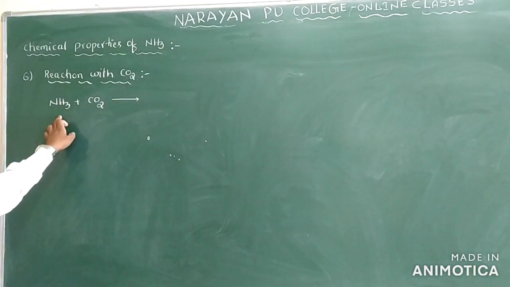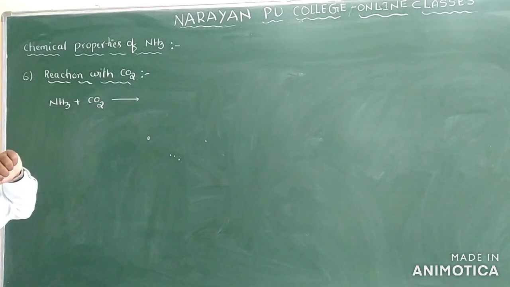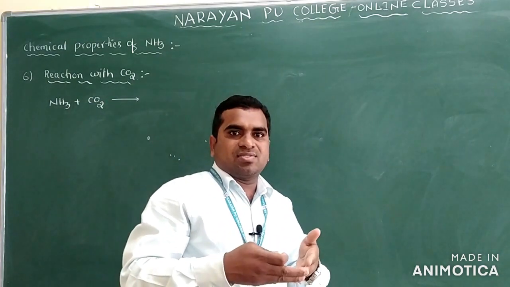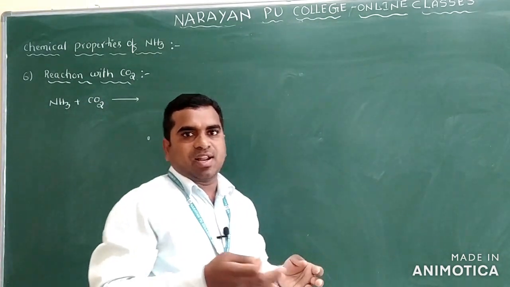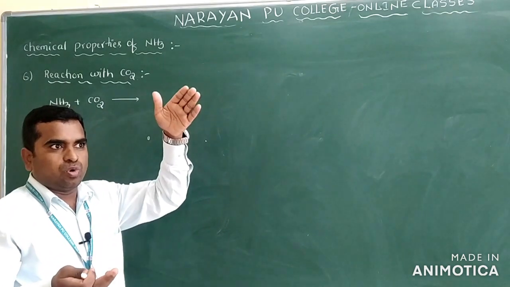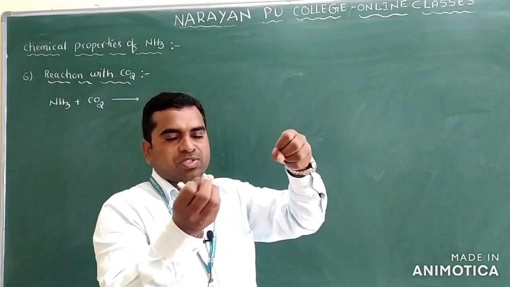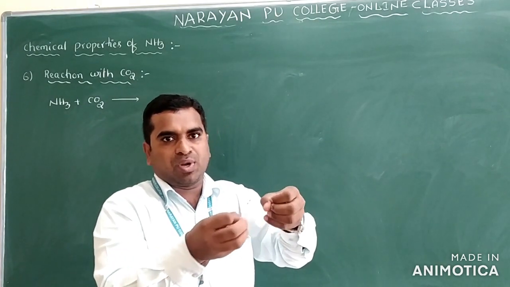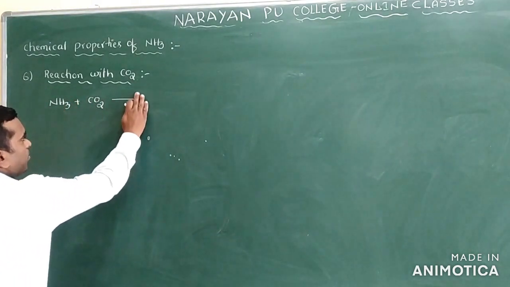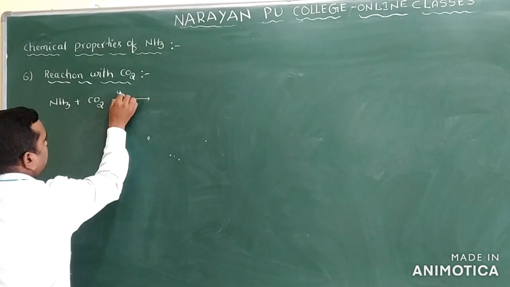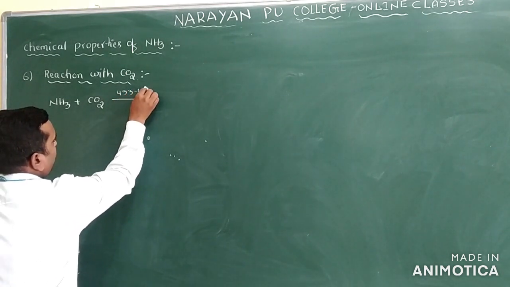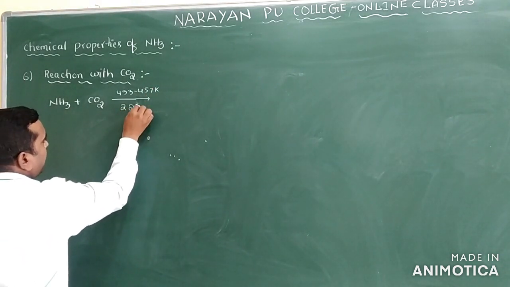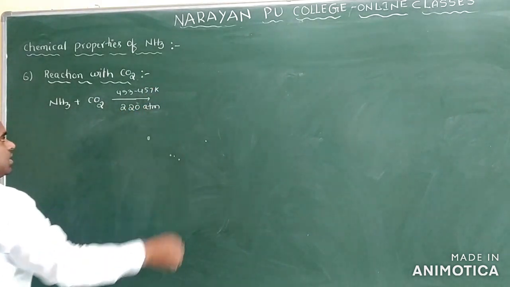So you are reacting two gases, and you have to maintain high temperature and high pressure, because otherwise the NH3 and CO2 molecules will not come close enough to react with each other. So we maintain a high temperature of 453 Kelvin to 457 Kelvin and 220 atmospheric pressure.